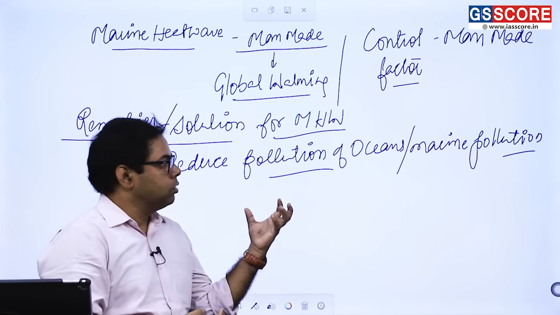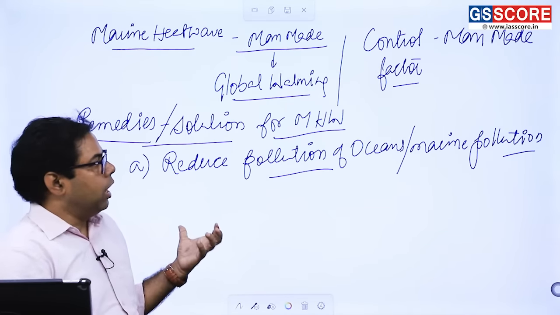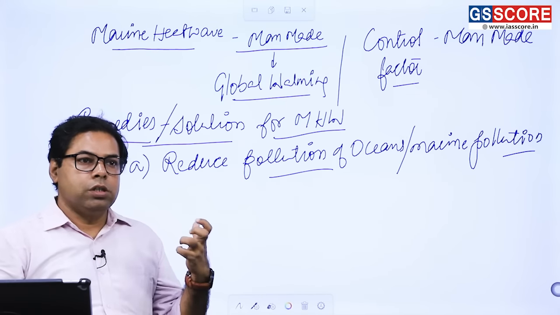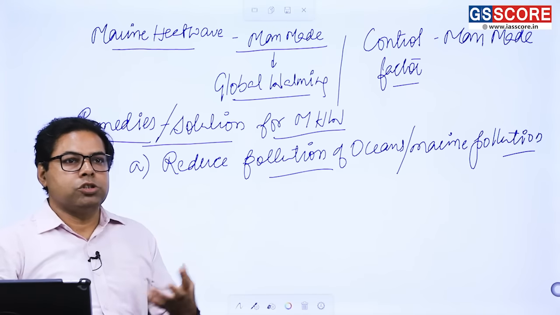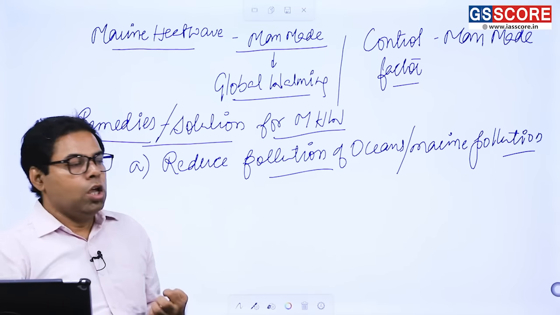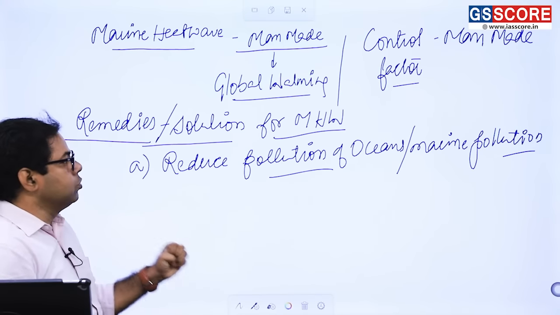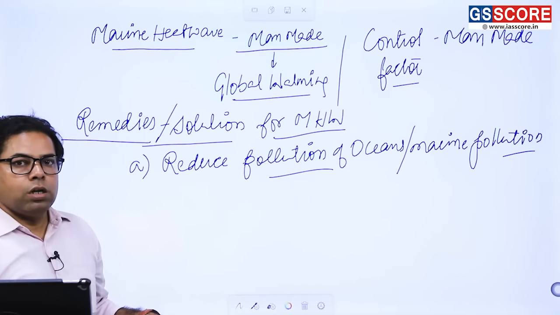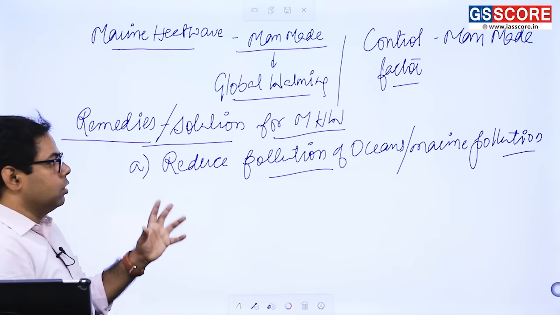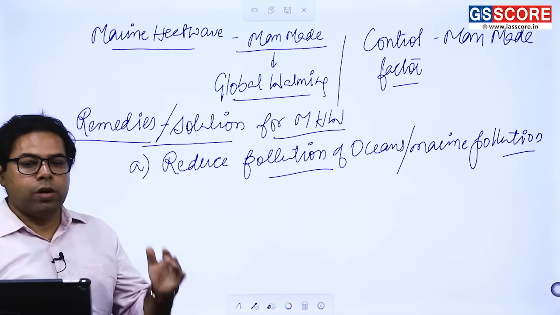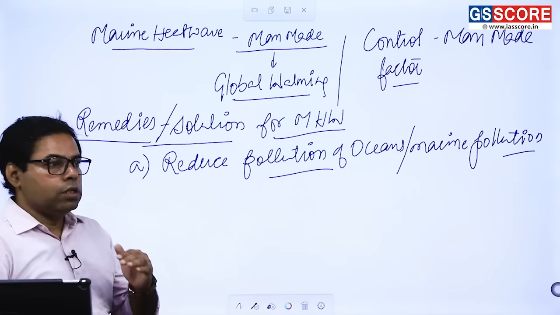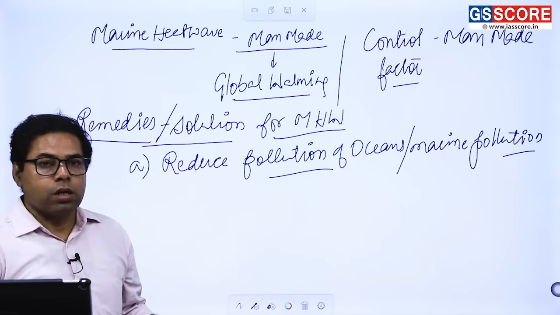When there are more polluting elements in the ocean water, they have the capacity to absorb more heat. So if we reduce pollution in the ocean water, then the intensity of marine heat wave shall be reduced, or after some time this will become very normal.